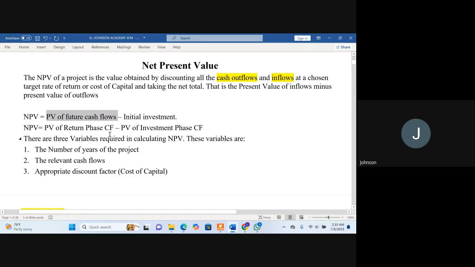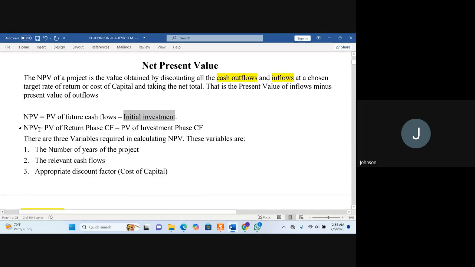Those funds happen at different times of the project life. So we cannot just say initial investment, because those investments are cash flows you inject into the business, and they do not all come at the beginning of the year. Some come at a later date, so you also need to discount them.